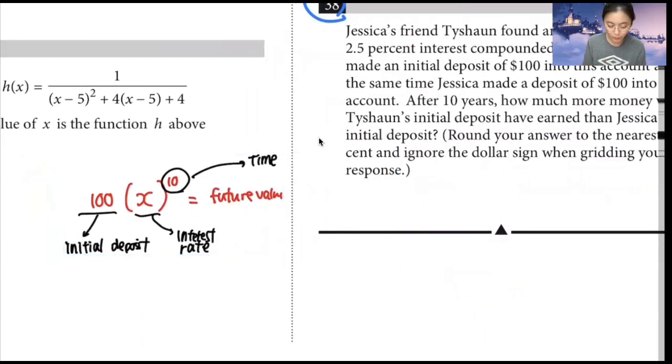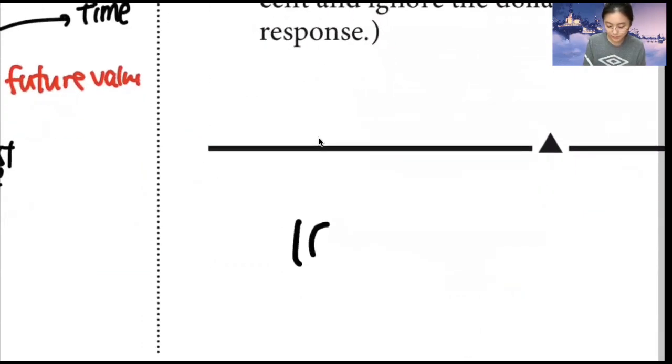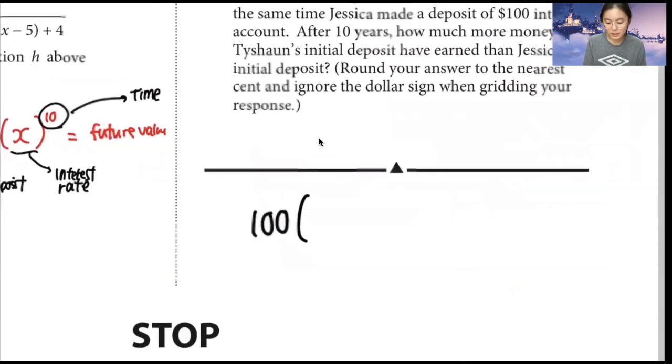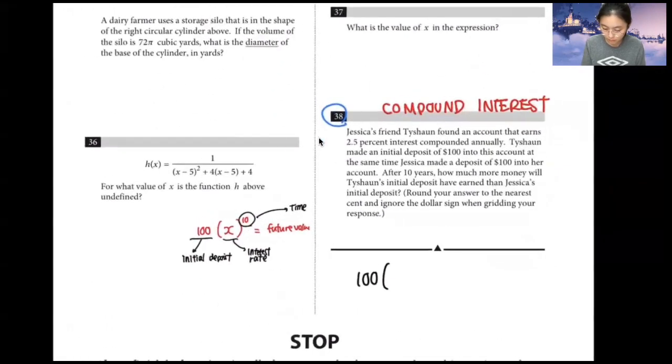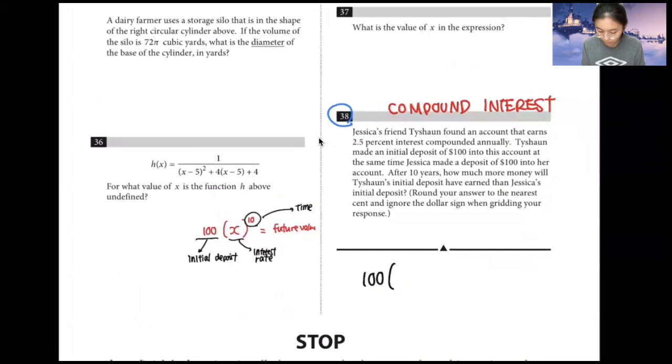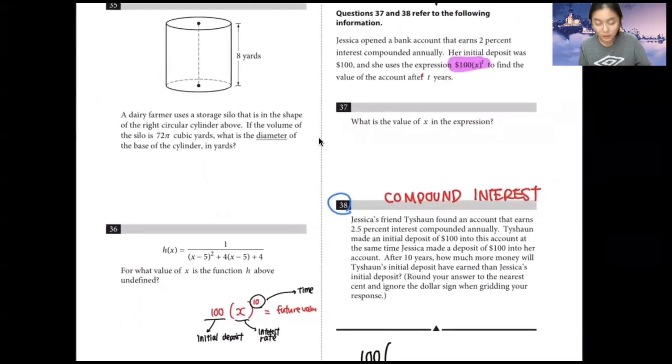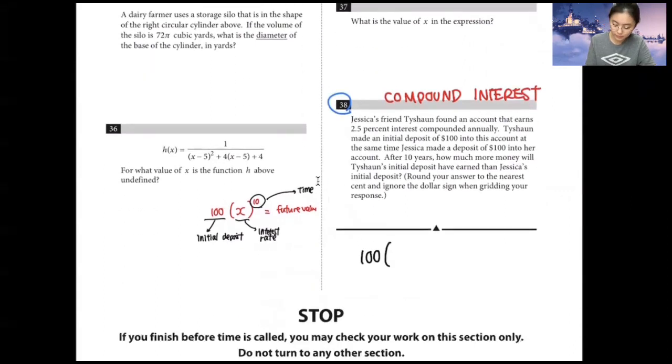So we know that they both deposited $100. In the previous question 37, we know that it's 1.02.